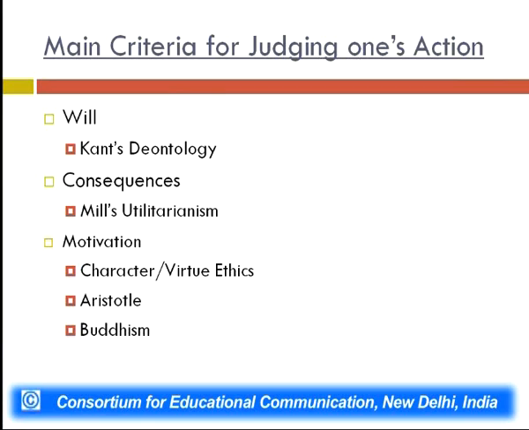Also, motivation could be considered as a factor in judging one's action. Having a good moral character, developing virtues, giving preference to certain kinds of feelings like compassion and so on, and developing our character in accordance with certain human feelings, all that involves judging one's action on the basis of motivation.